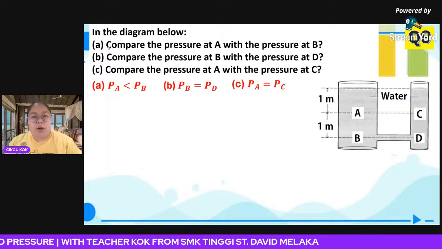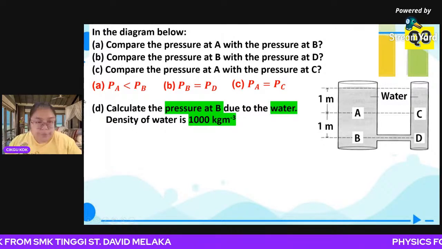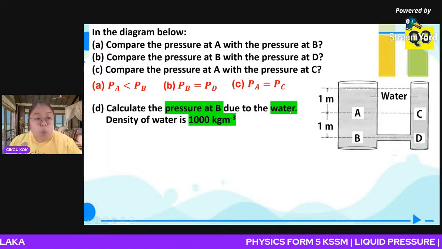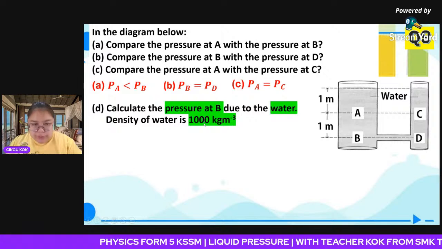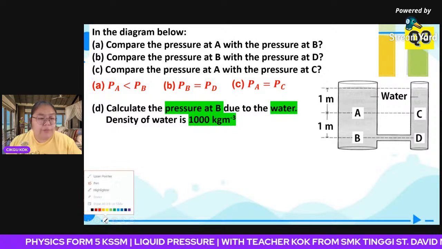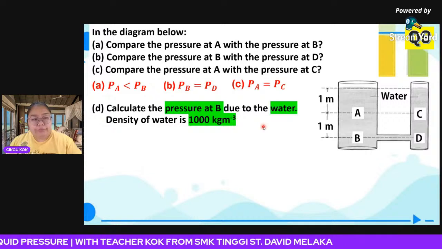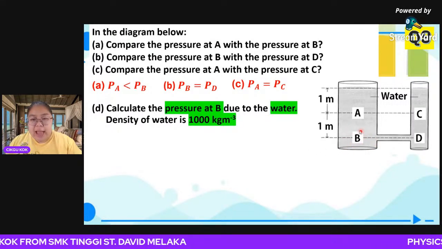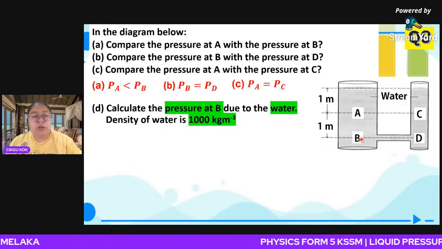Okay, after comparison, we can see the calculation question. Calculate the pressure at B due to the water only. Density of the water is 1,000. The question also never mentioned g, so we take g as 10. So you calculate for me the pressure exerted on B only due to the water.